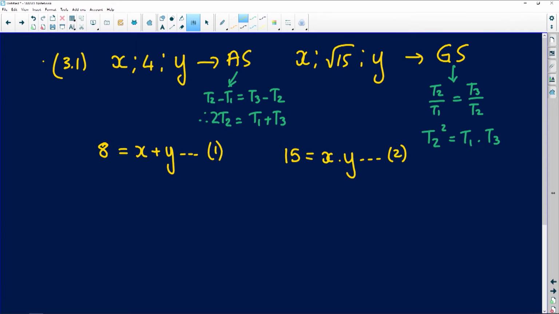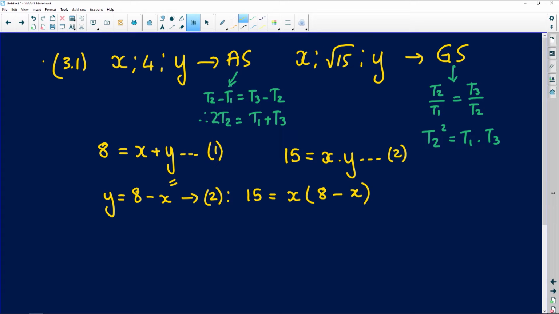Always bear in mind, if you have two equations to solve, you need two variables to do that. To get those two variables, they need to give you two bits of information, which is the case. That is what they did over here. Okay, so let's isolate the y over here. So here we've got y is equal to 8 minus x. We're going to plug that into equation 2, and then we get 15 is equal to x times 8 minus x.